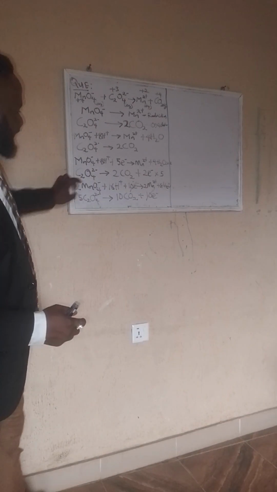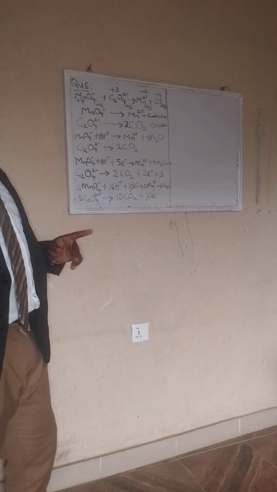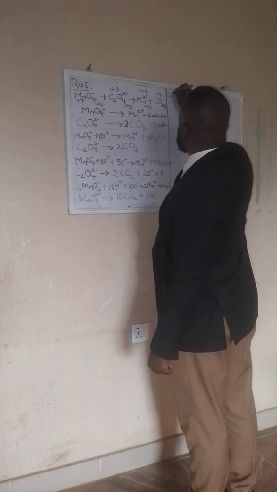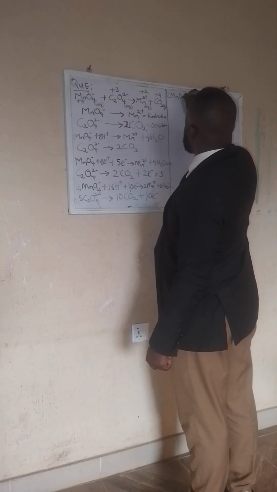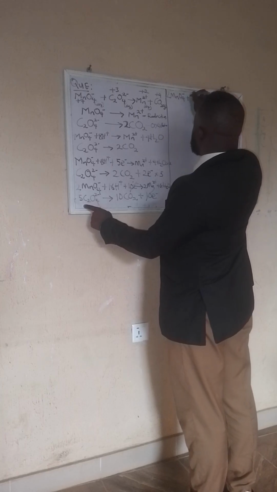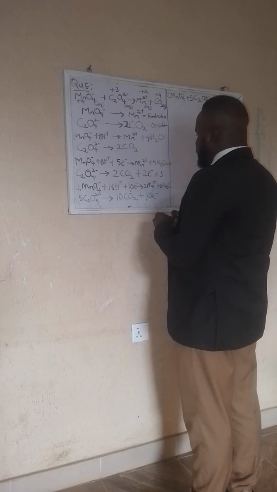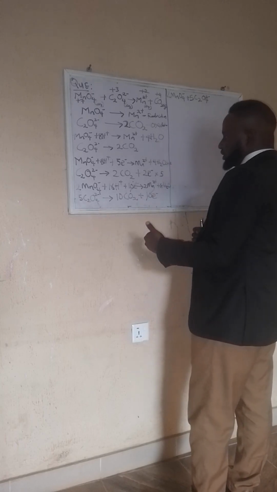So I'm now going to add up the half reactions to make up one redox process. And how do I do that? So we have 2MnO4 minus plus the other reactant here, 5C2O4 2 minus. Now, I'm going to bring hydrogen to the side where it's multiple.